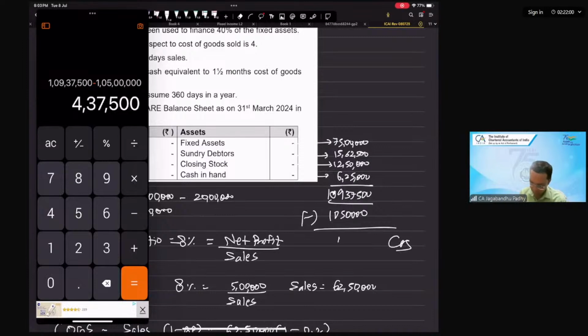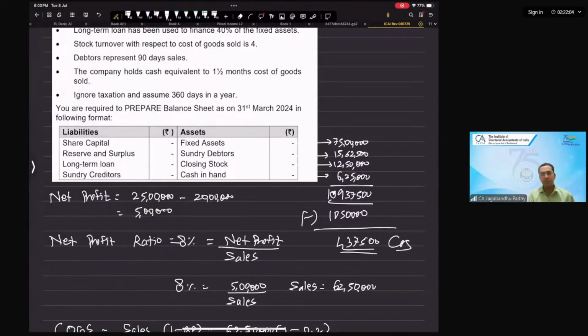So, 4 lakh 37,500 is the value of the creditors. Did we get it?